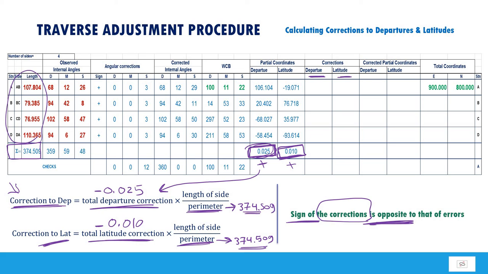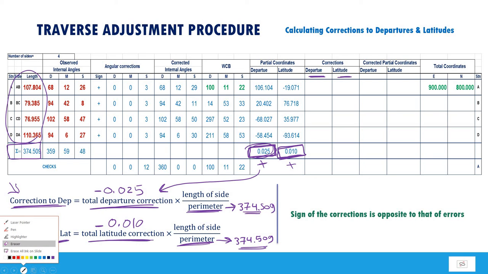So for side AB, for example, I will apply this on one side and then you can do it for all of the sides. If I would like to calculate the correction to departure for side AB, it is the total departure correction, minus 0.025, times the length of the side.